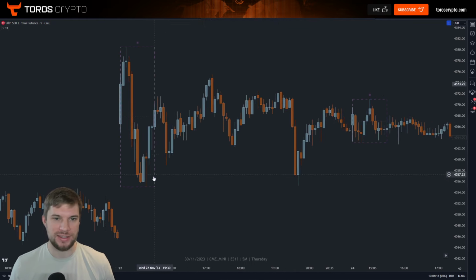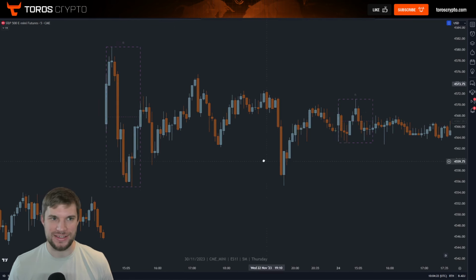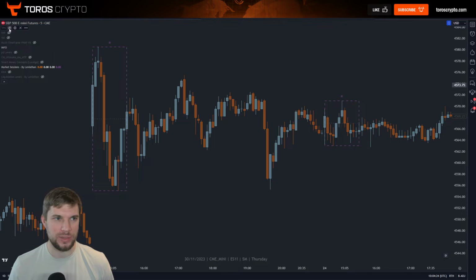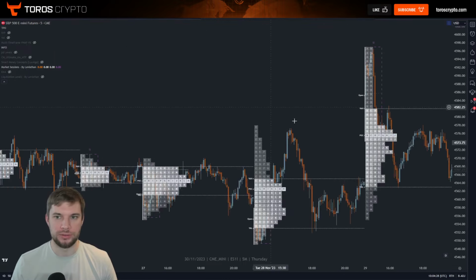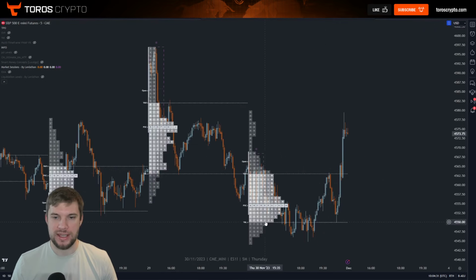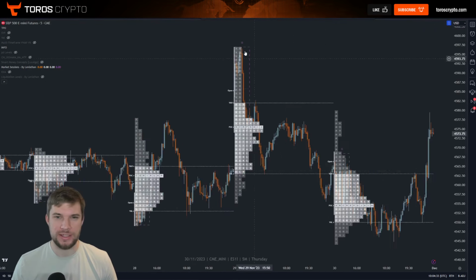We can take this back as far as we want to go, and you'll see that if we are using the TPO, let's go for ES again. Yesterday failed, you had options expire at the end. The day before that, we had a bearish bias, initial balance high remained the extreme for the day.